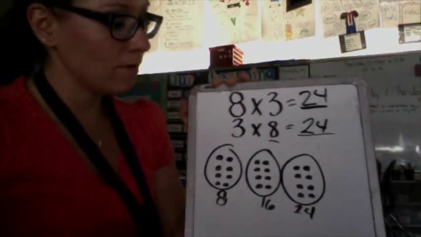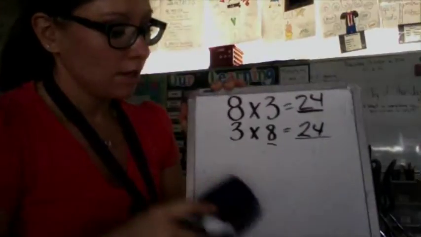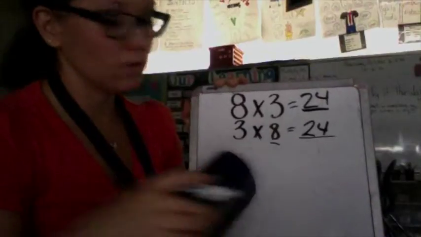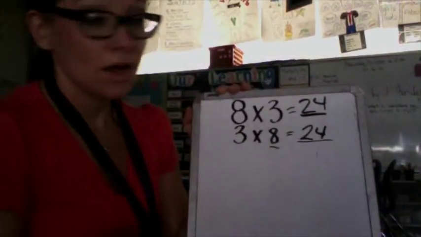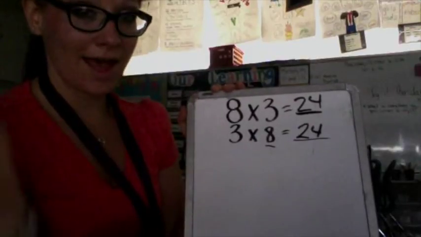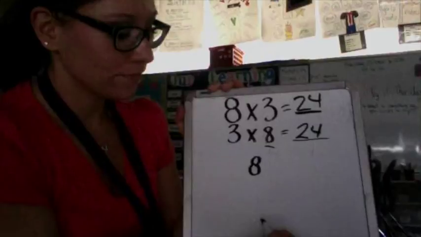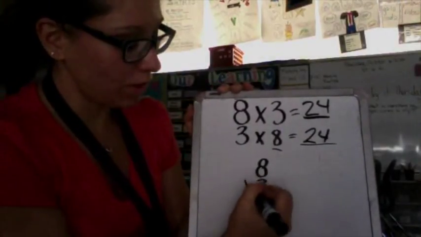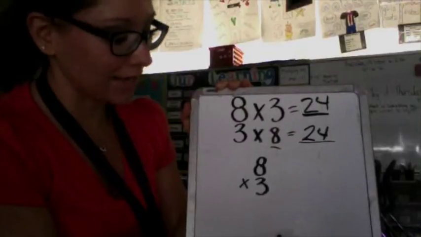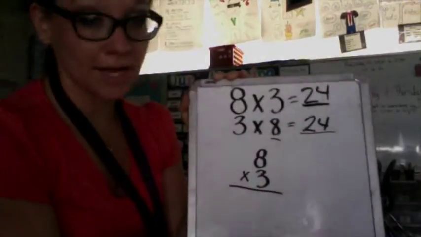What I want to show you now is I'm just going to erase my equal groups. I'm not going to erase my number sentences, because sometimes when we do our problem sets, we will see our problems written horizontally, but we can also stack them up. So sometimes you might see the 8 on top and then the 3 on the bottom with your multiplication sign off to the side like this, almost like an addition or subtraction problem, with your equal sign underneath it.